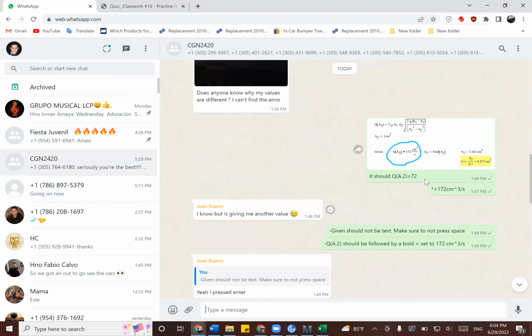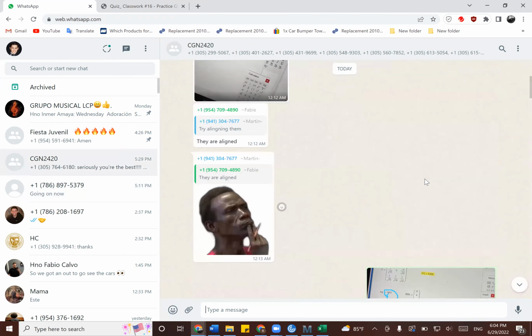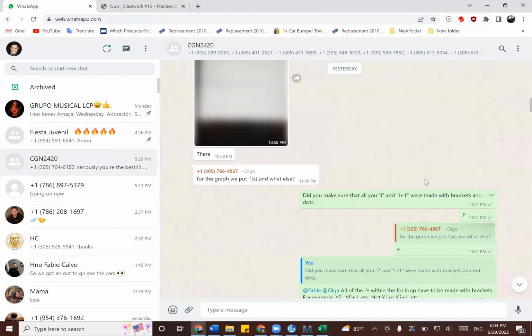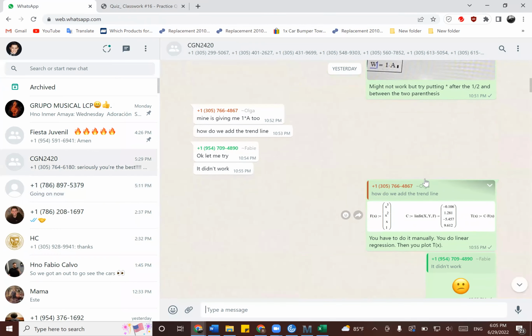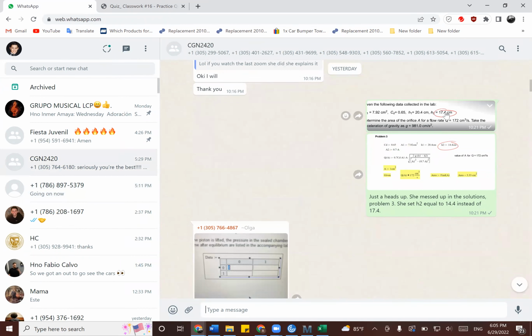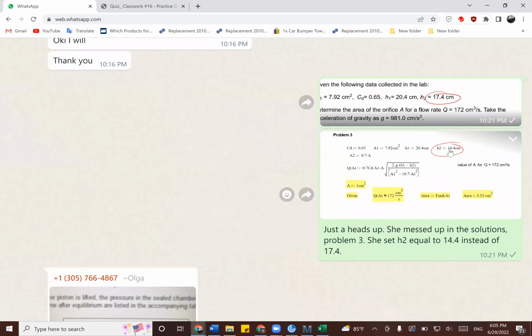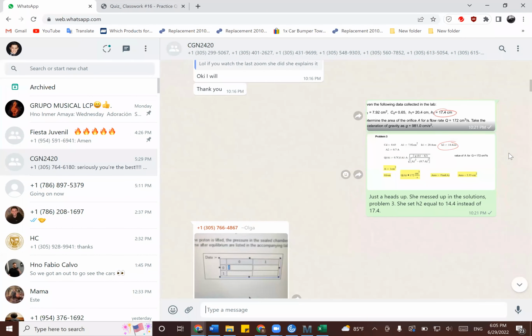Here. You see how in the worksheet it says 17.4? Here she put 14.4. So it's supposed to be 17.4. Okay, thank you.